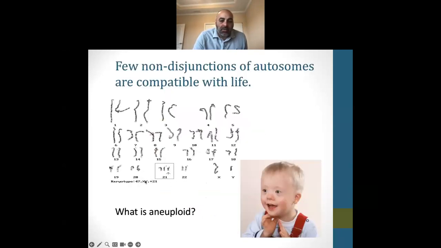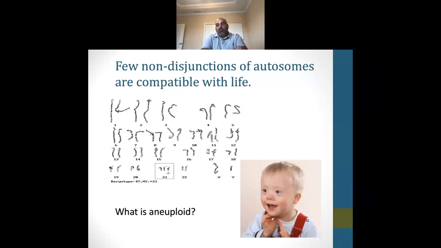So non-disjunction and autosomes, only a few are compatible with life. So here, this is Down syndrome. There's three that are compatible with life, and they are on chromosome 21, 18, 13.